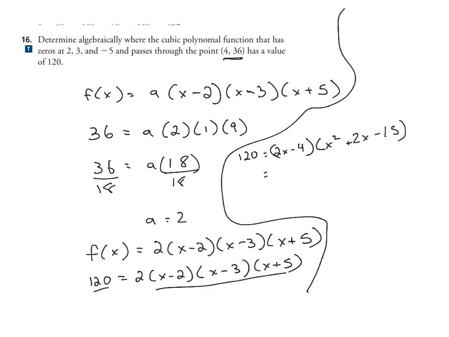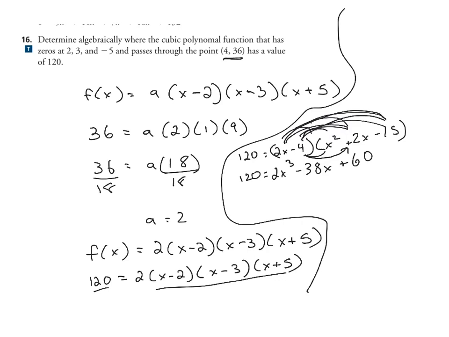Now let's multiply these guys together. Got 6 operations to do. So you got 2x cubed. We have minus 4x squared plus 4x squared. Oh, those go away. And we got minus 8x, and this is a 15, so minus 30x, so minus 38x, and you've got plus 60.